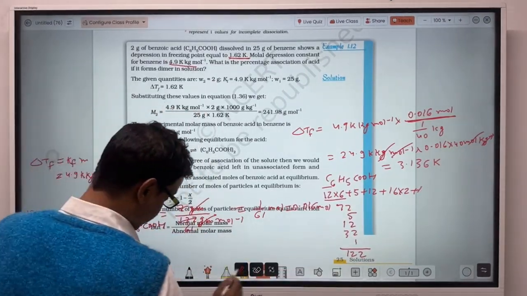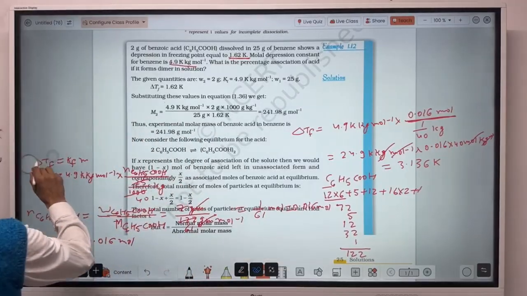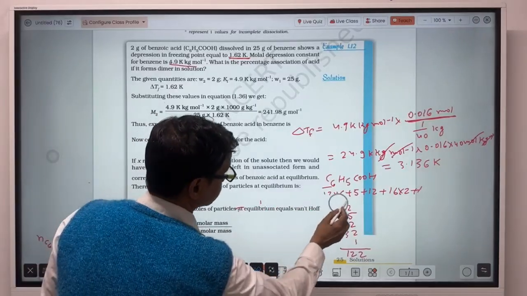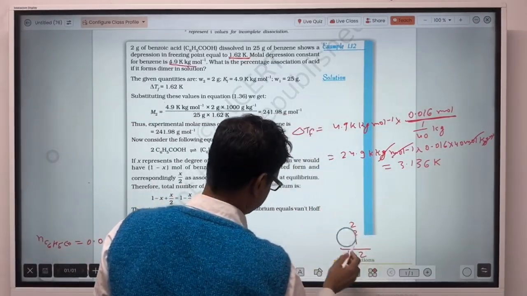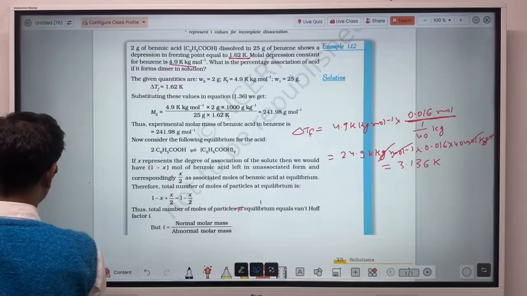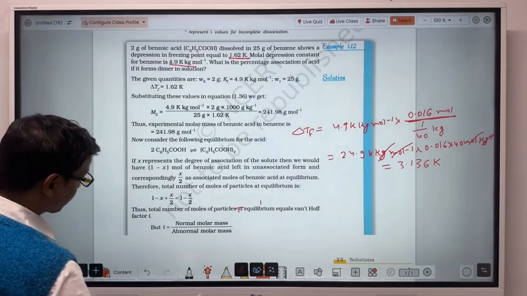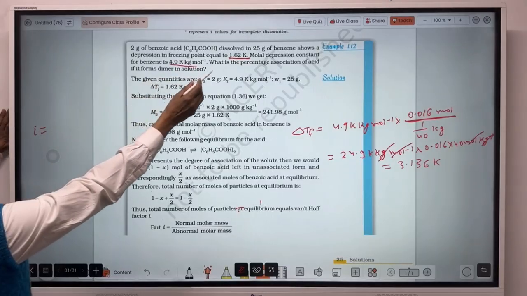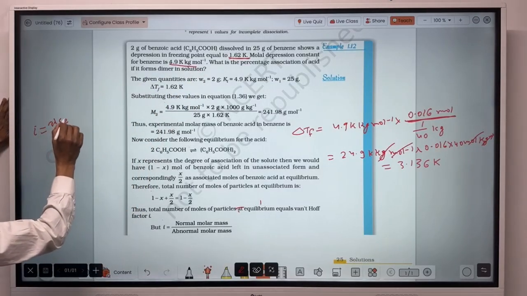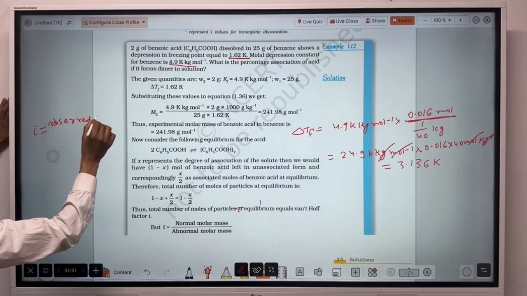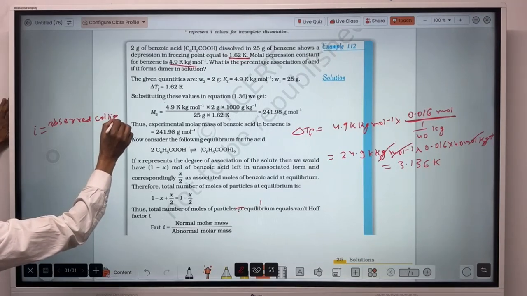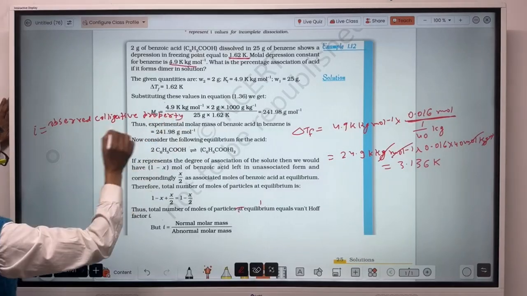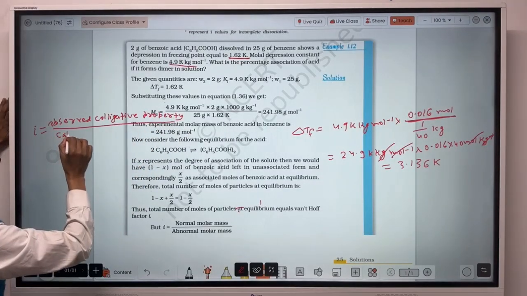Here I think you have done. Now let's see here. The van't Hoff factor will be equal to the observed colligative property upon the calculated colligative property.